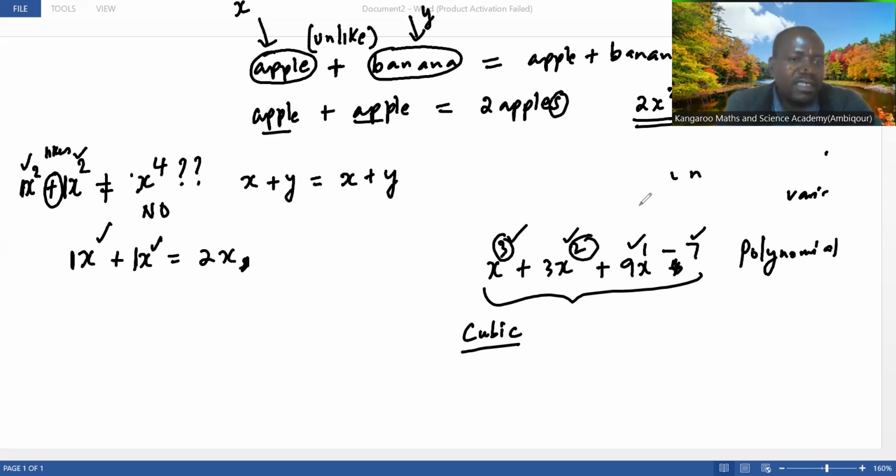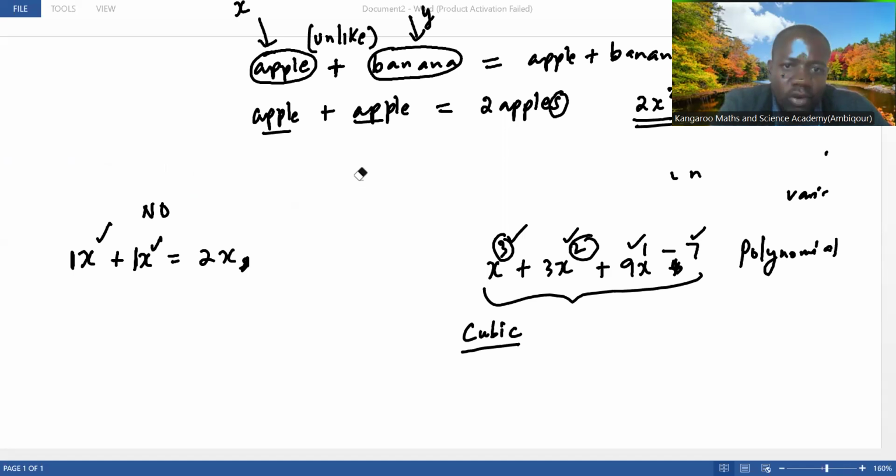These are things that most of the learners that I actually meet, you find that they're struggling with, which means they have a content gap. So it's very important for a learner to be able to identify the like terms and the unlike terms.